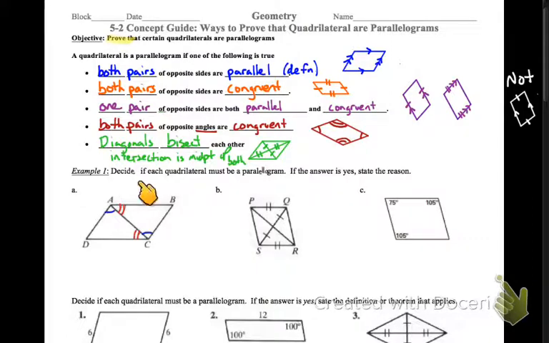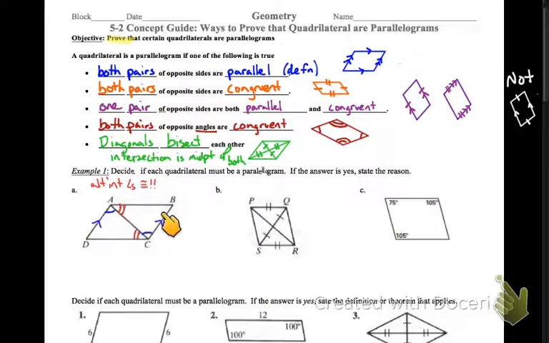In example A, we have these angles congruent, and then these angles congruent. It matters where they are. These here are alternate interior angles. What does it mean if we have alternate interior angles? It means that we have parallel lines, if the alternate interior angles are congruent. So if angle DAC and ACB are congruent, then sides AD and BC have to be parallel.